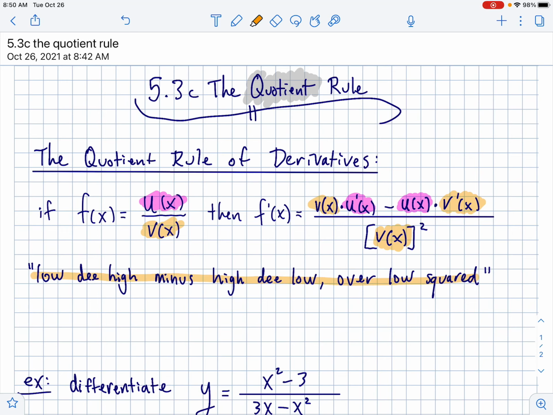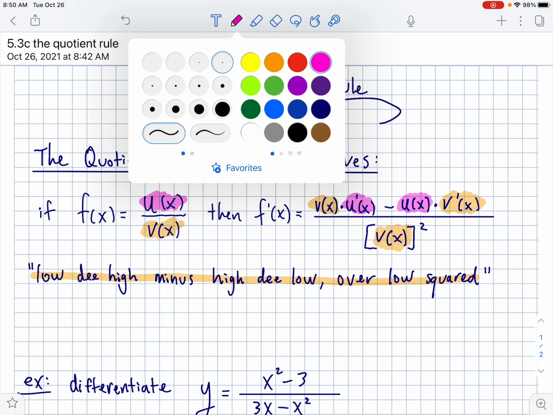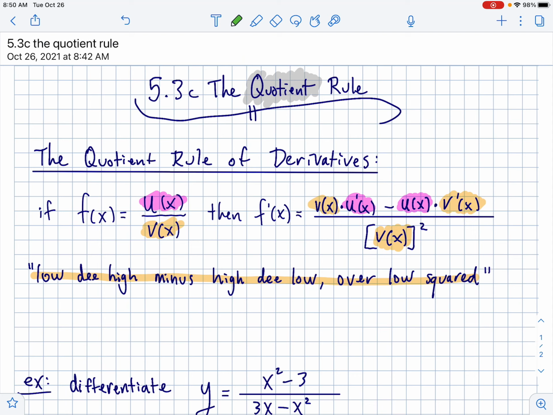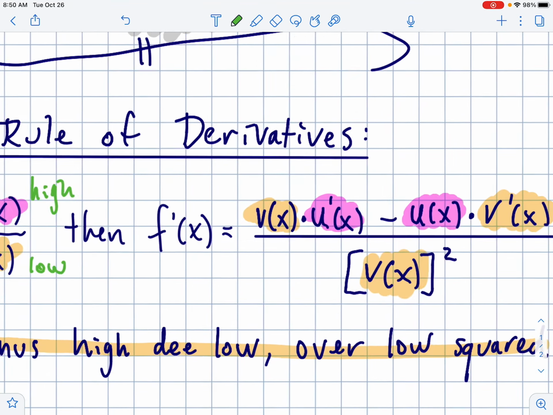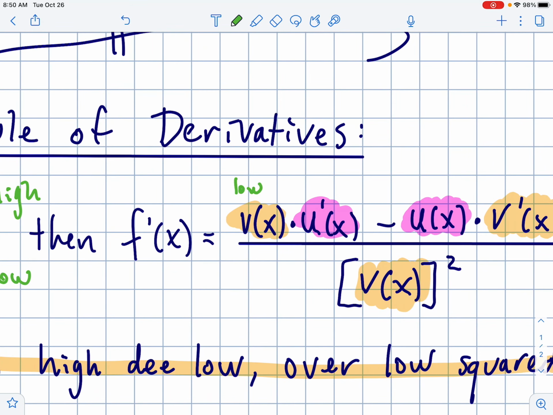So, I realize that's slightly confusing to be like derivative of this one, that one, whatever. So we've come up with this handy dandy way to remember this, which is low d high minus high d low over low squared. So let's see if we can break that down. Low d high. This is the high function on the top, and this is the low function on the bottom.